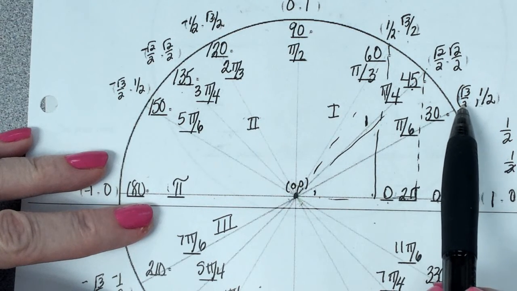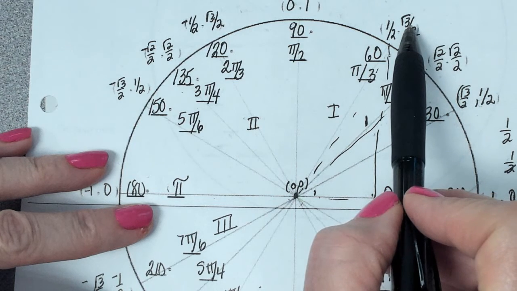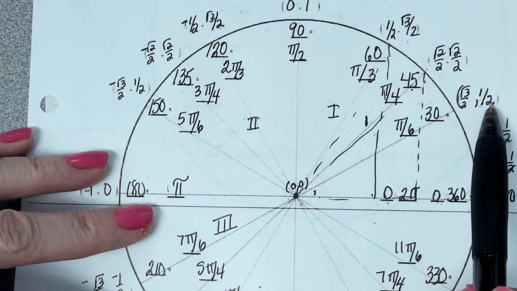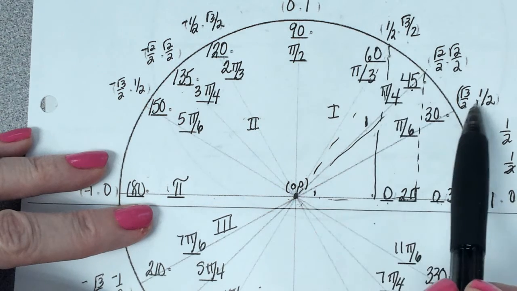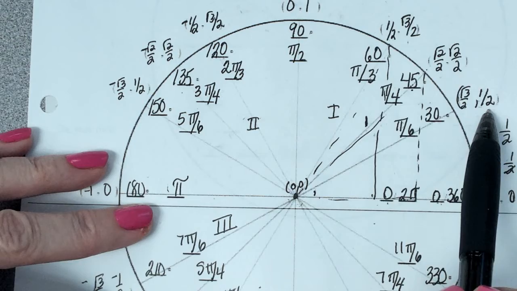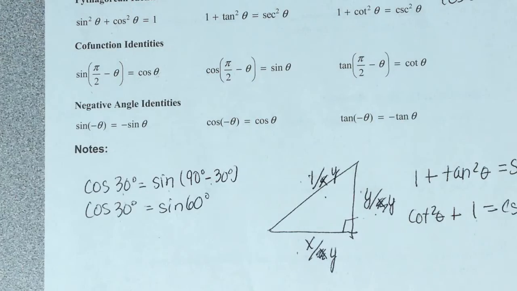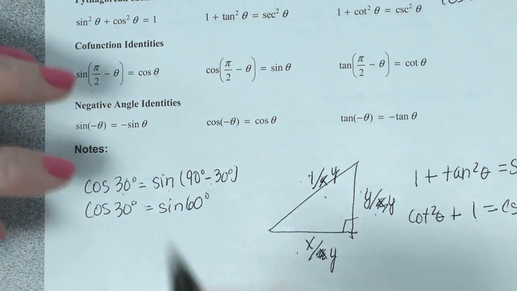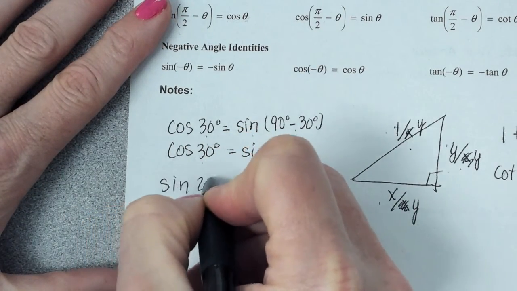See how the cosine of 30 is the same as the sine of 60? And here the sine of 60 is the same thing as the cosine of 30. I'm sorry, I said that backwards. The sine of 30 is the same as the cosine of 60. It's always true.